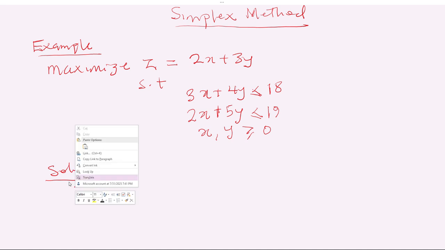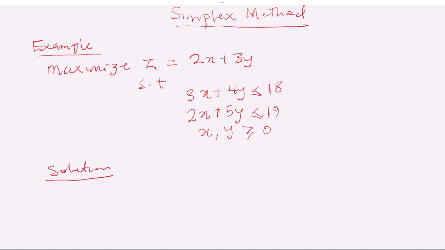With the constraints, we need to solve for the value of y when x equals 0, and the values of x and y when x equals 0 and y equals 0.